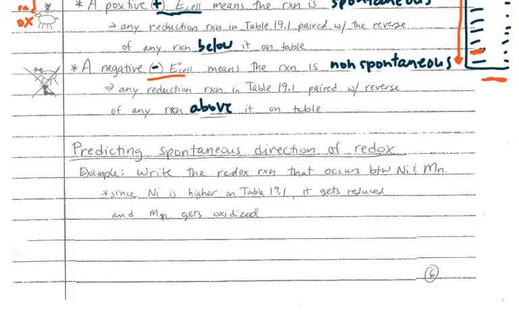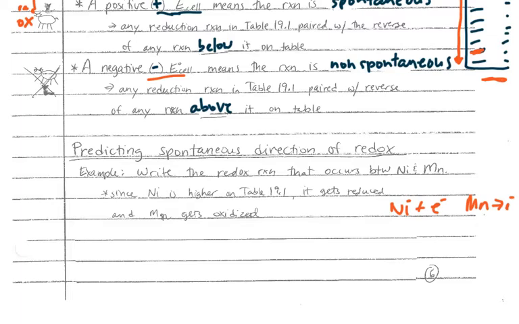All right, so since nickel is higher up, that means it's more reducible. So the nickel is going to be reduced, and the manganese is going to be oxidized. Nickel is going to gain electrons, and manganese is going to lose electrons.